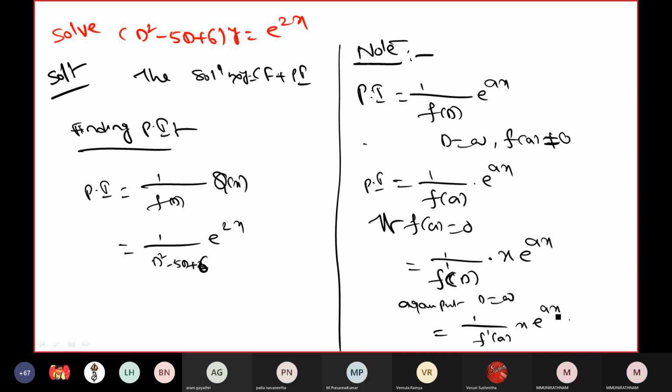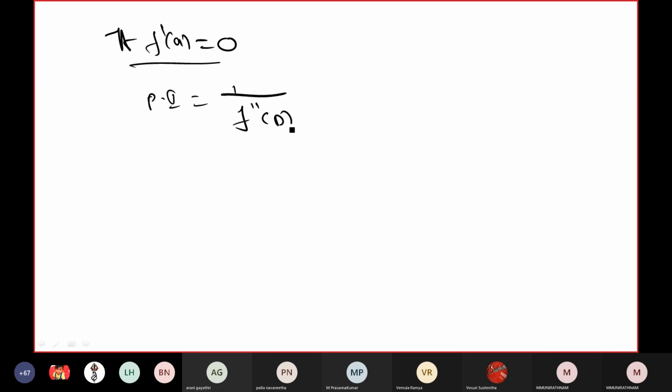If f dash of a is non-zero. Again, if f dash of a is also 0, then PI, second time we can differentiate f of D and replace x e power ax as x square e power ax.